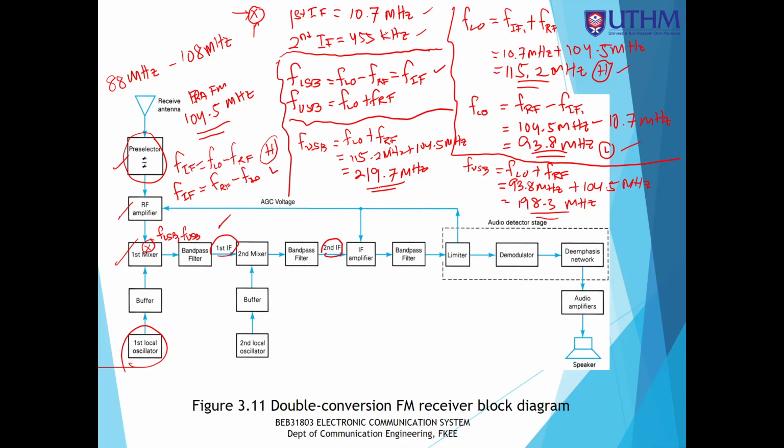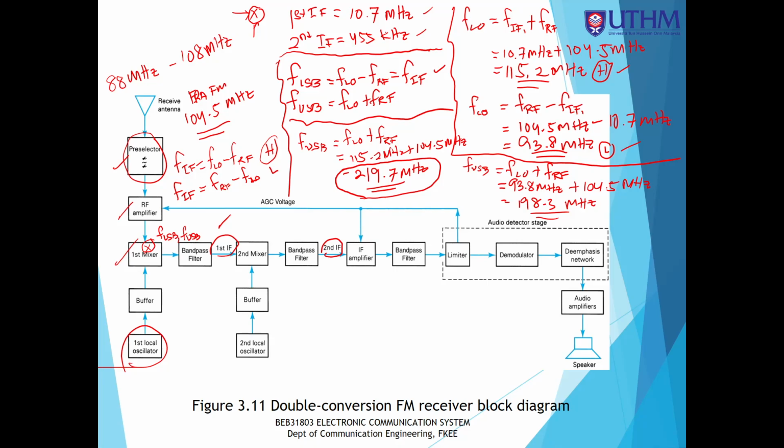However, normally most of the time we use high side injection, where FUSB will produce 219.7, and the lower sideband produced through the first mixer is 10.7 megahertz.